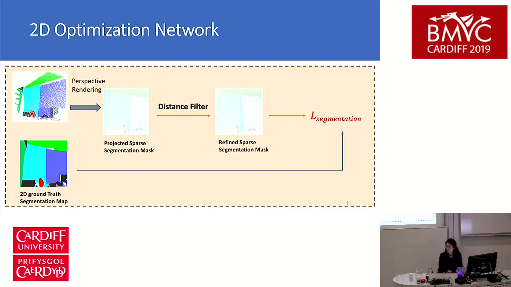But as we mentioned before, we meet 2 problems. So we propose to use perspective rendering and also the distance field to optimize the projection result. Then we calculate the loss between the 2D ground truth and the optimized prediction result.